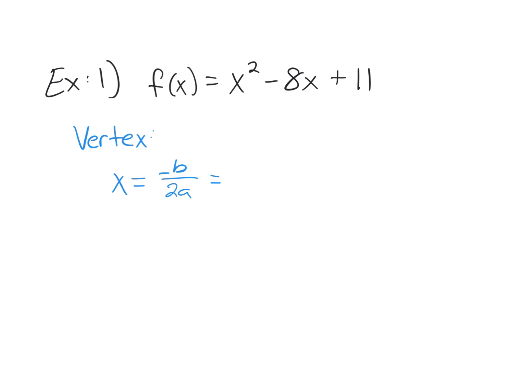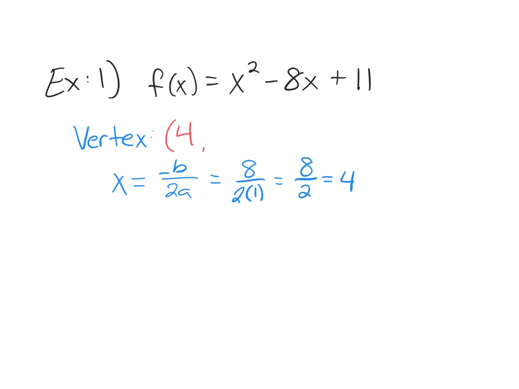What is b right now? Negative 8, so I want the negative of that. So it'd be positive 8 over 2 times, what's my a value? 1. Yep. So 8 divided by 2 is 4. So my x value is 4.